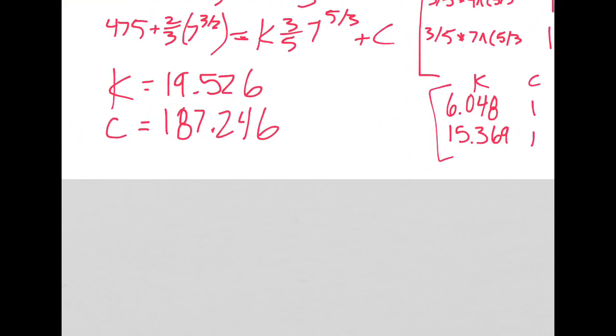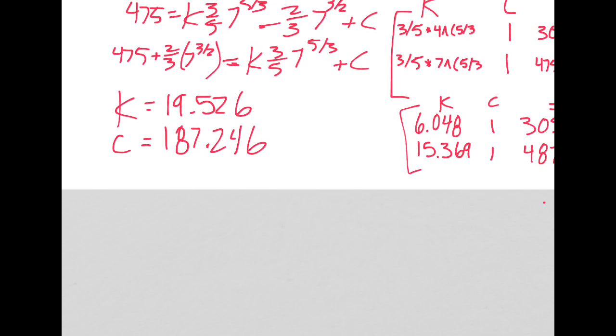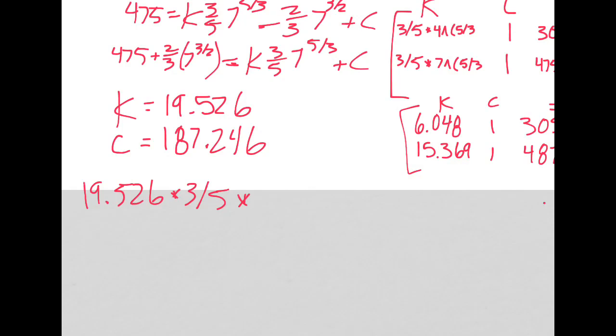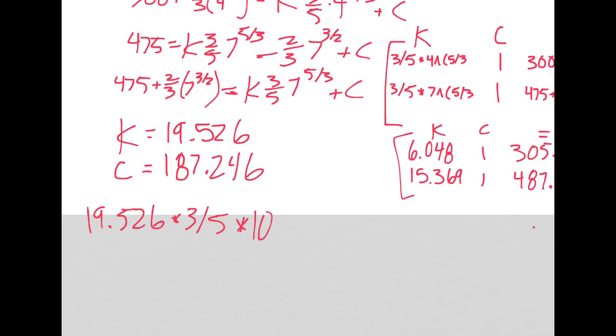But now we're just plugging into our equation. So we're going to get our k value, 19.526, and we're going to multiply that by 3/5, and we're going to multiply that by 10 to the 5/3 minus 2/3, so minus 2 over 3 times 10 to the 3/2.